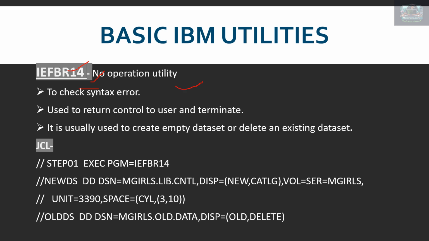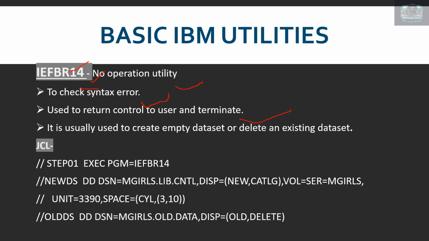Normally it is called a dummy utility, but if you are learning JCL or learning mainframe, this is the first utility you try, because it helps you find syntax errors, since it will do nothing. You can use it just to return control to the user and terminate. So just a normal job will run.